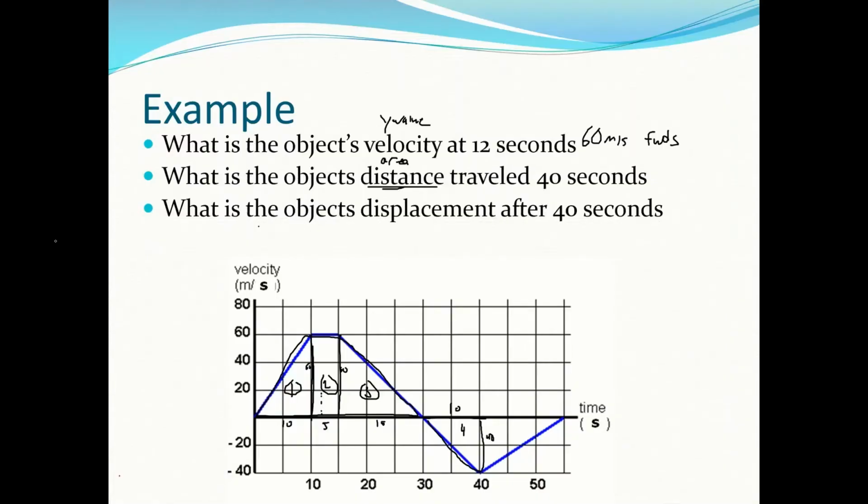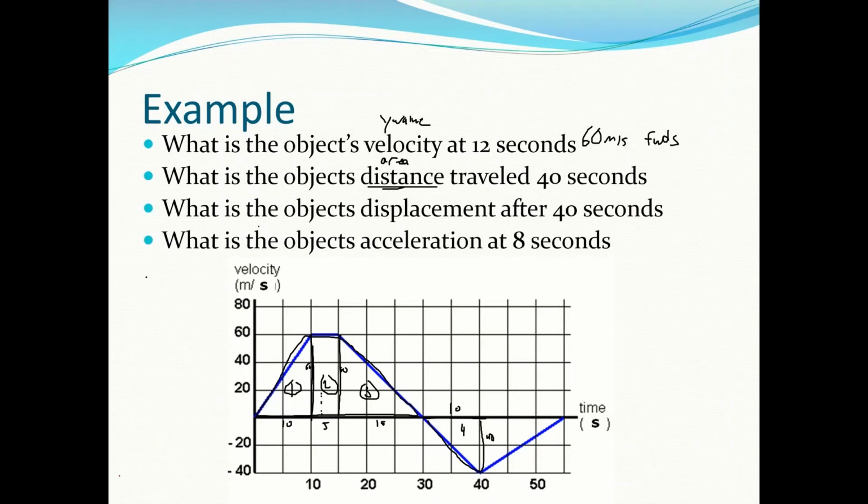And the last one, what is the object's acceleration at 8 seconds? Well, to find acceleration, you need to find slope. So right here is 8 seconds. So my acceleration is constant. So I just find the slope of this entire line. I go y2 minus y1 over x2 minus x1.